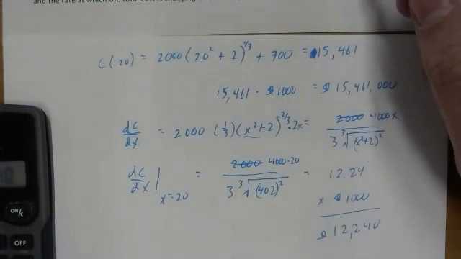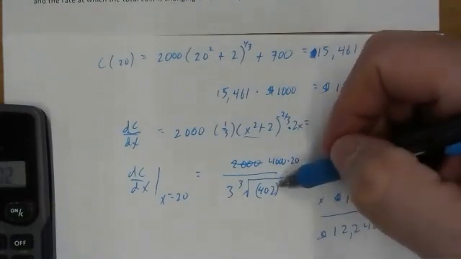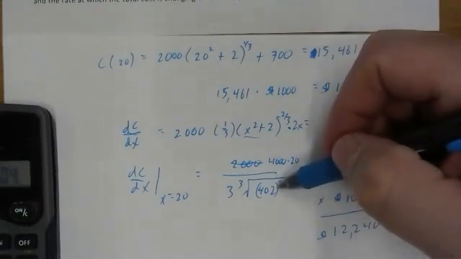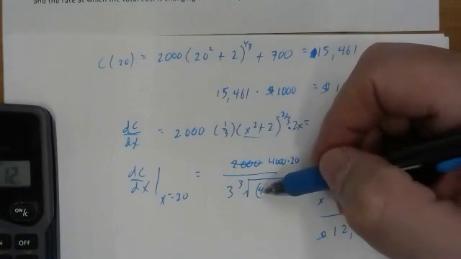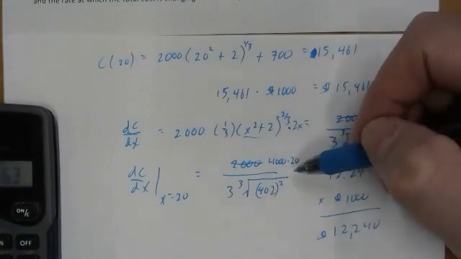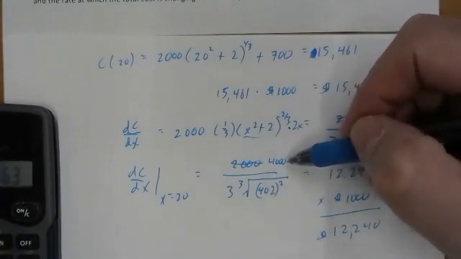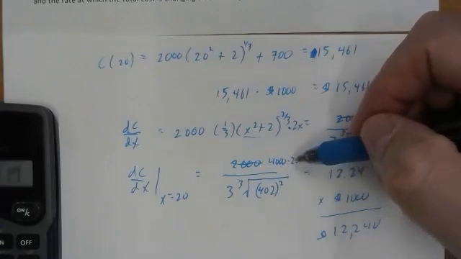So 402 squared, and then the cube root times 3 equals, all that goes in the bottom, times 4,000 times 20.